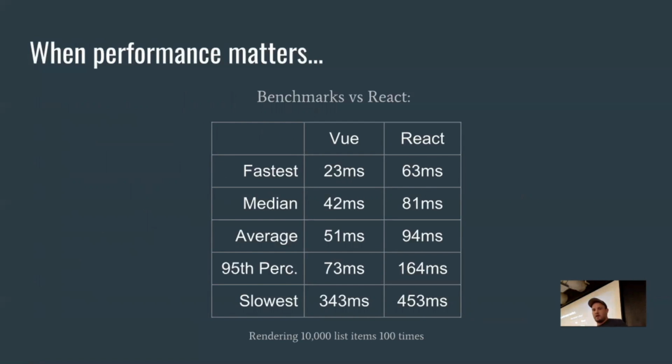They did some benchmark testing against React, and as you can see, it's sometimes 2 to 3 times faster than React, when rendering 10,000 list items 100 times. These are the speeds that Vue and React get.